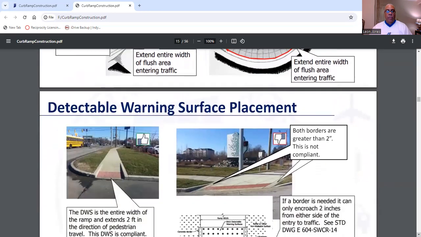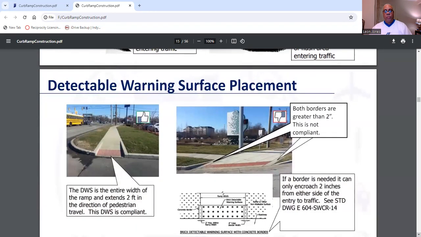All right, detectable warning surface placement. In this illustration, the DWS is the entire width of the length and extends 2 feet in the direction of pedestrian traffic. This right here is telling you that the DWS is compliant.